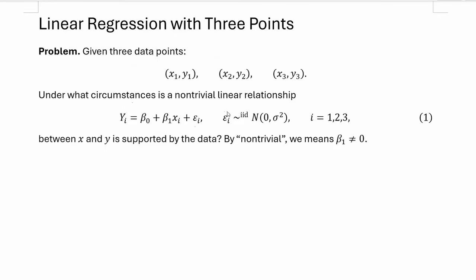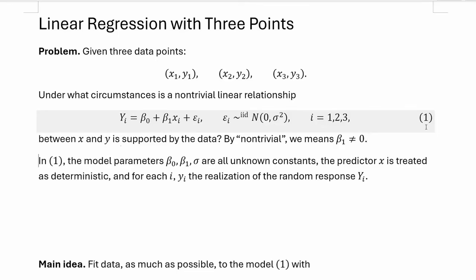The random noises, epsilon i, are IID, normal 0, sigma squared, for i equals 1, 2, and 3. And by non-trivial, we mean that the slope is non-zero. If the slope is 0, then y is purely random, meaning it has nothing to do with x. So in this model, which we call model 1, the parameters beta 0, beta 1, and sigma are all unknown constants.